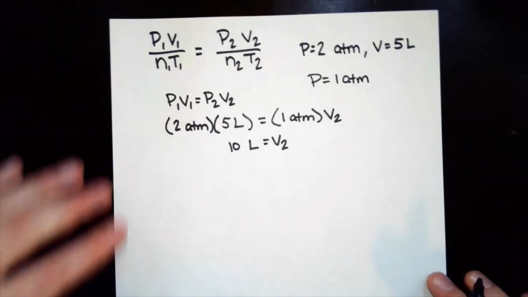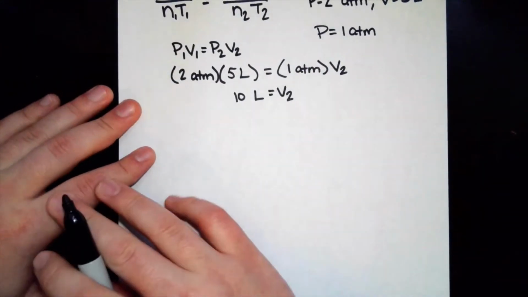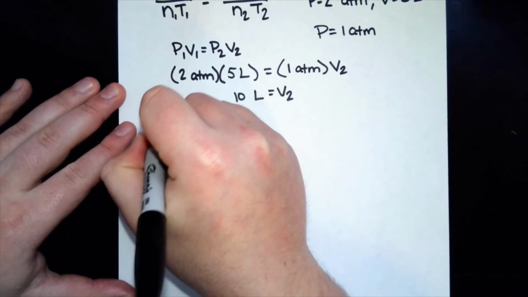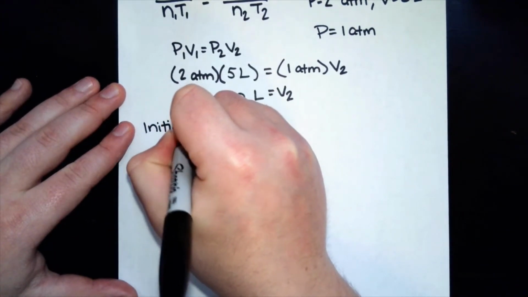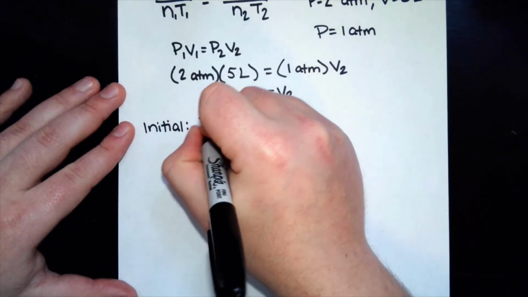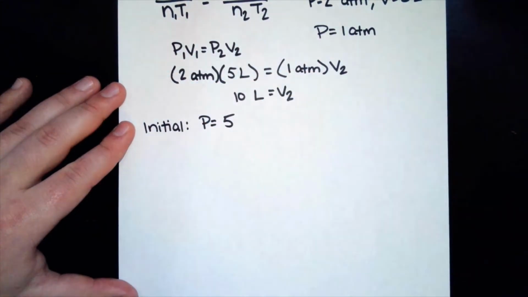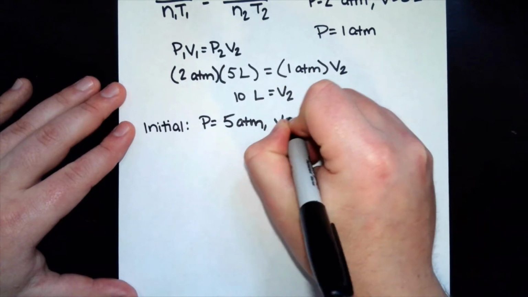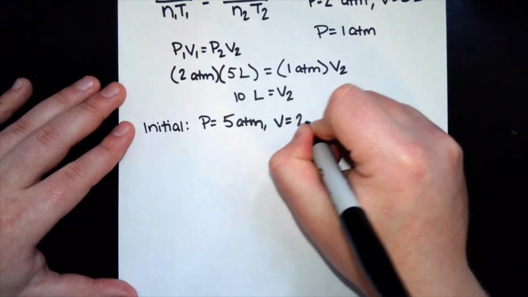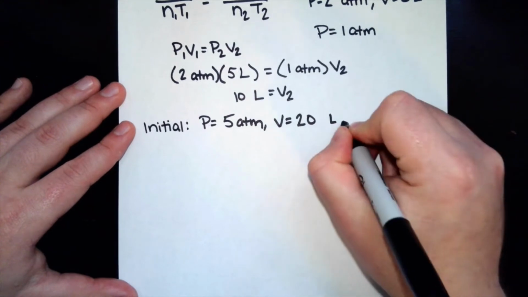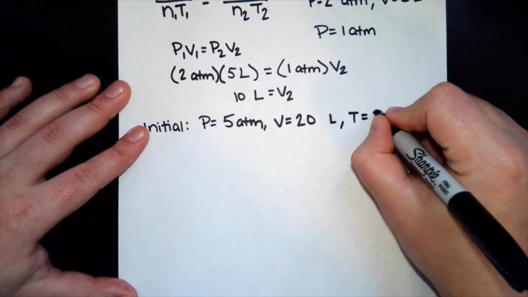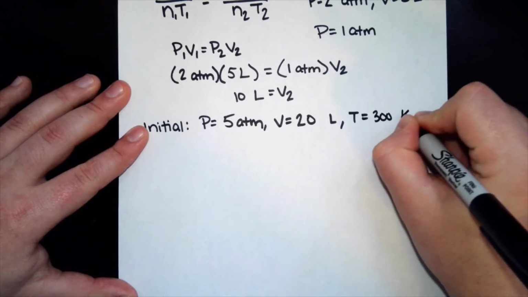Let's do one more example. Let's say we're given initial conditions of a pressure of 5 atmospheres, a volume of 20 liters, and a temperature of 300 Kelvin.